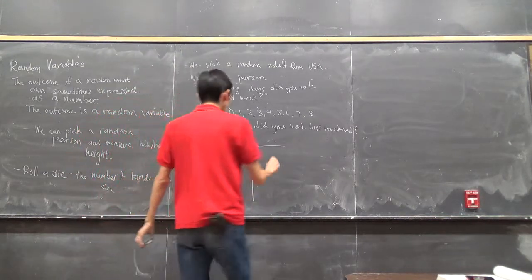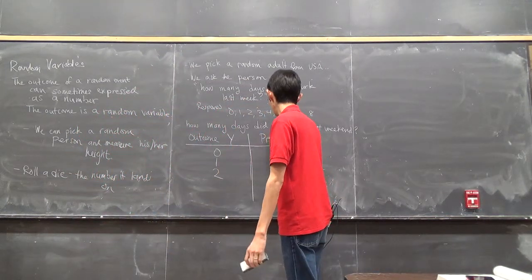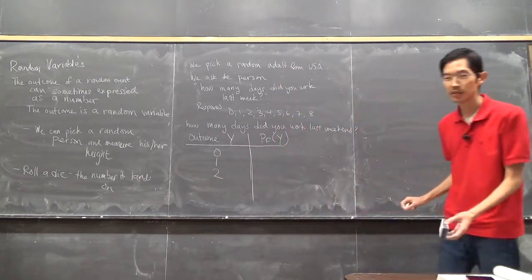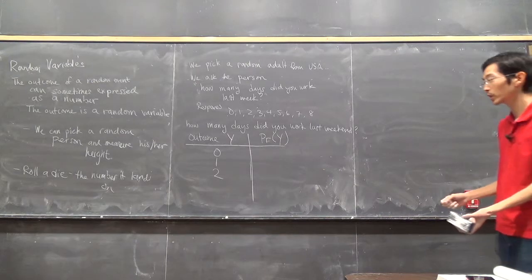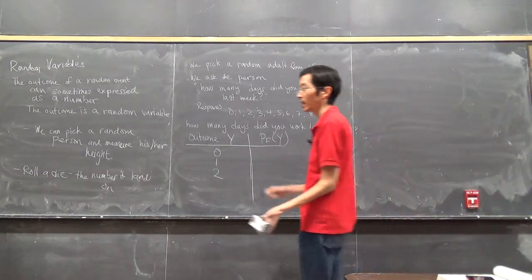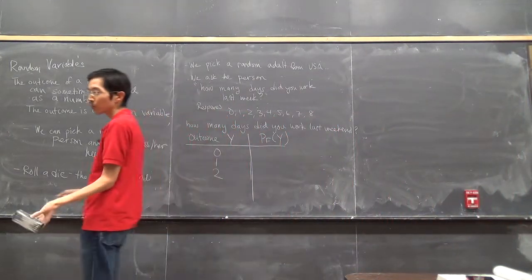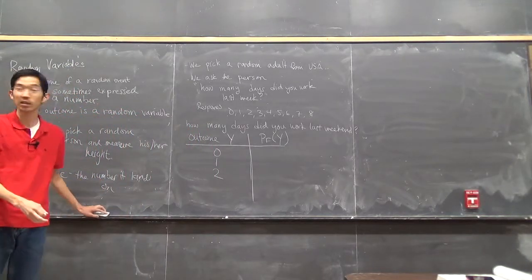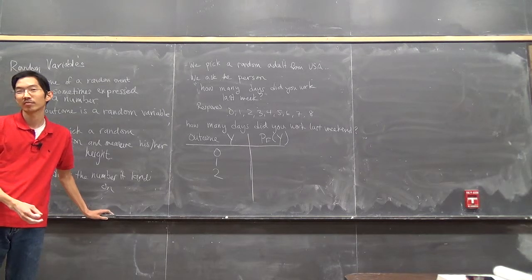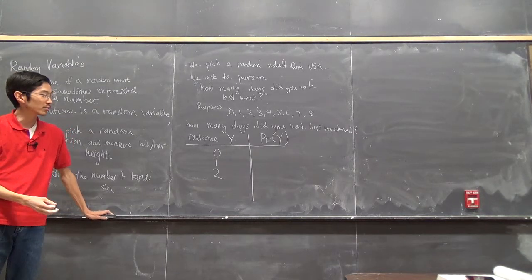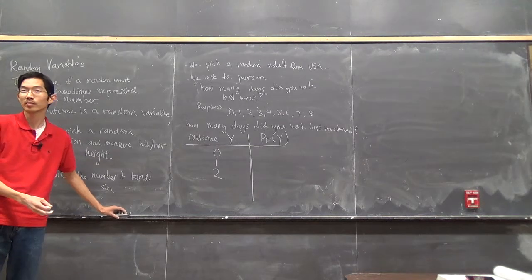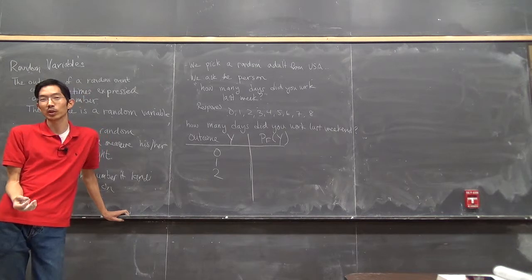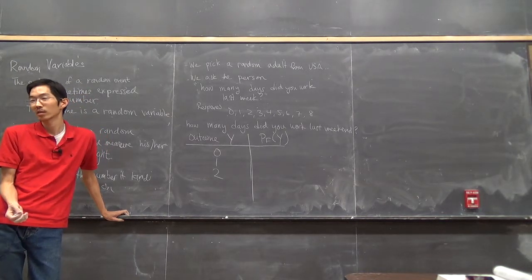And then, over here, we would say the probability of getting that number. So if I pick someone at random and I ask, how many days did you work last weekend? What's the probability that this person would say, I worked 0 days? Do you think it would be 1 out of 3? I'm picking a person at random and I'm asking, how many days did you work last weekend? 90%.